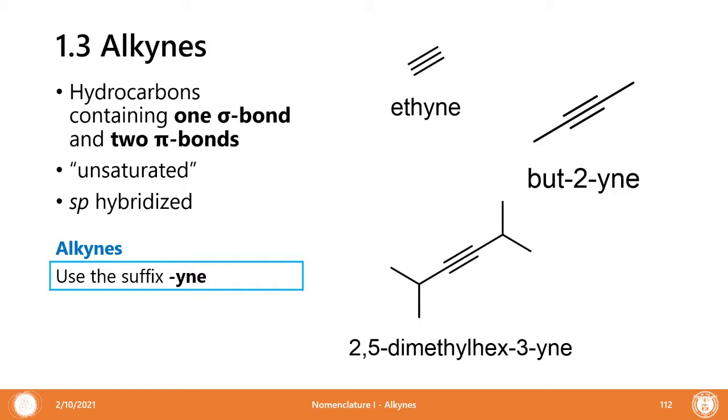In nomenclature, alkynes use the suffix "-yne", Y-N-E. Here are some examples: ethyne, but-2-yne, and 2,5-dimethylhex-3-yne.